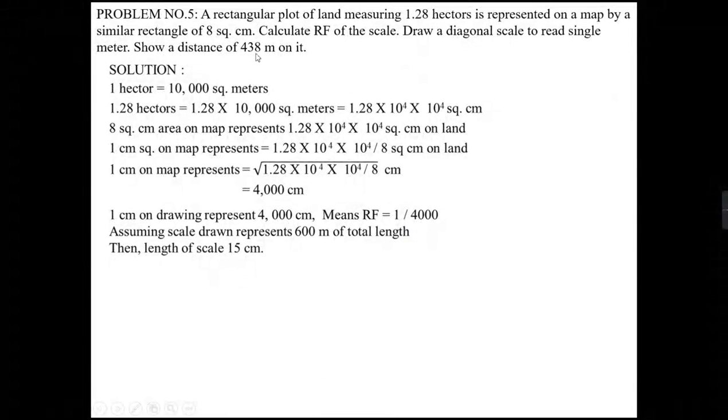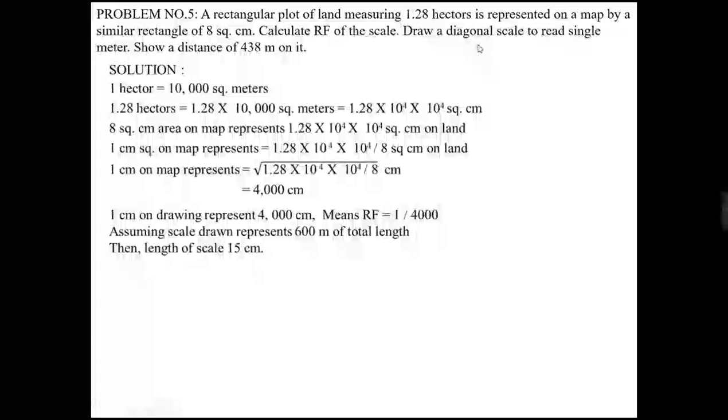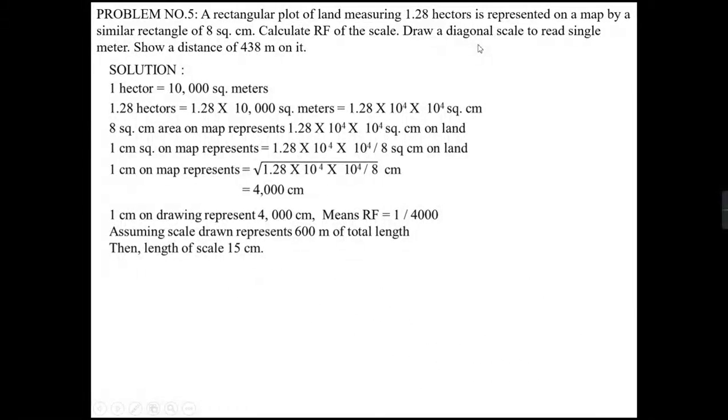As we have to show the distance of 438 meters, and the maximum length that we have to represent is not given, we can choose a distance that should be greater than 438 meters.